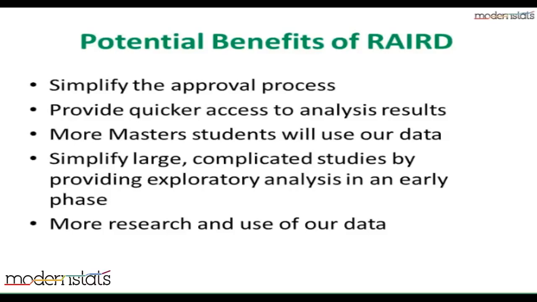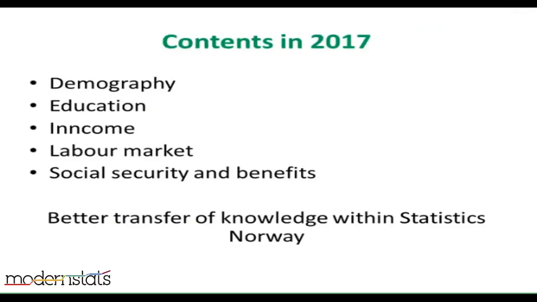We expect to get feedback from the researchers that will make our system and our data better, improving the quality. The contents for 2017 will be demography, education, income, labour market, social security and benefits.